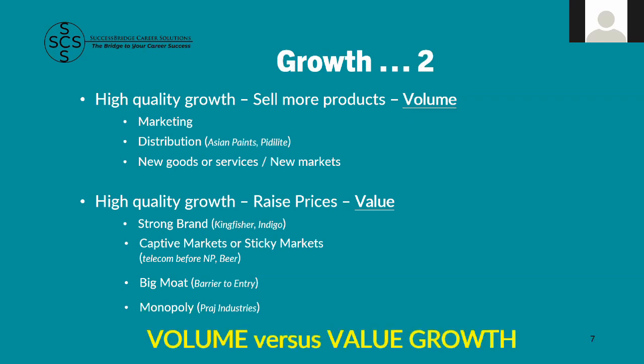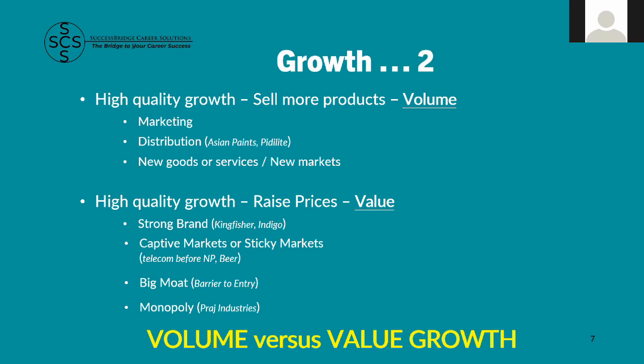So now, again, we saw volume and then we saw value. There's always this, so to speak, competition between volume versus value growth. So if you want to achieve volume growth, then you may have to compromise on price.